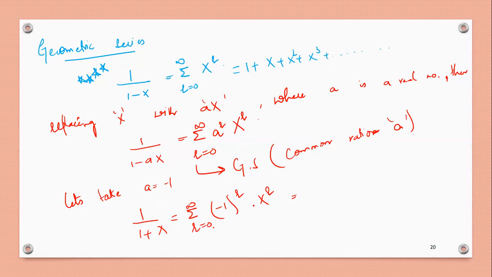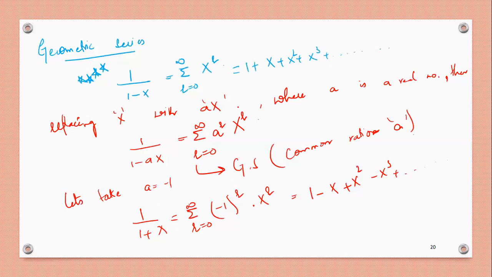Now, first, minus 1 power 0 into x power 0, anything power even value will be positive, so 1. Now, what is the value when r is 1? R is equal to 1. Minus 1 power 1 will be minus 1 into x power 1, so minus x. Then r is equal to 2. It will be positive x square, minus x cube, and so on.